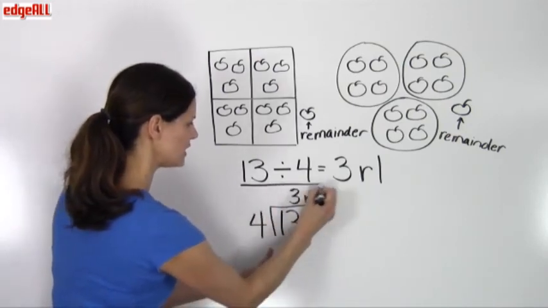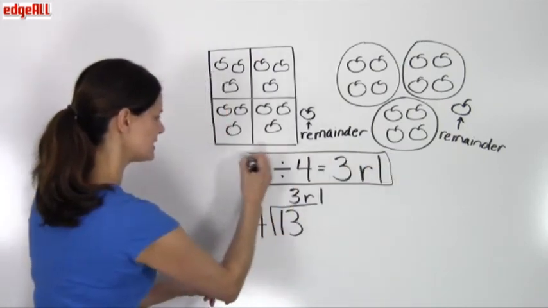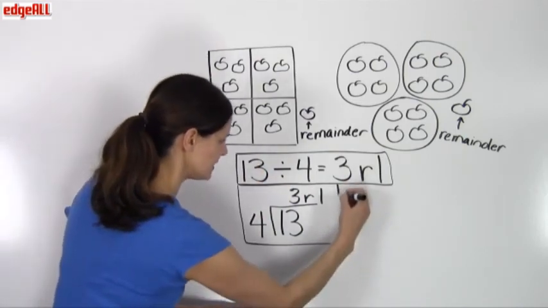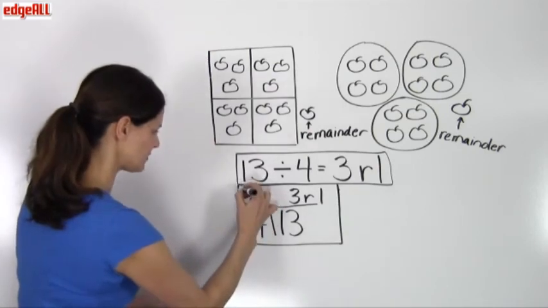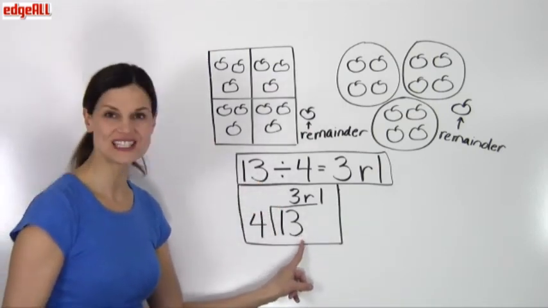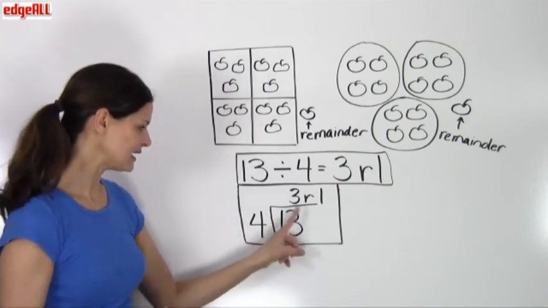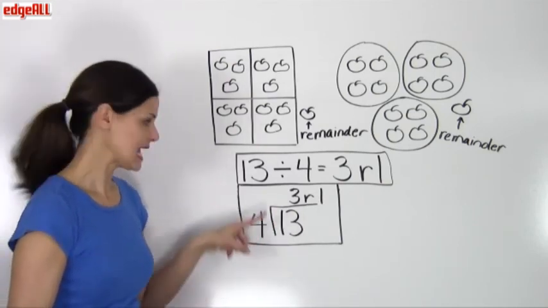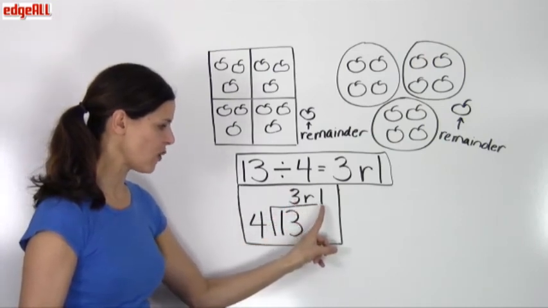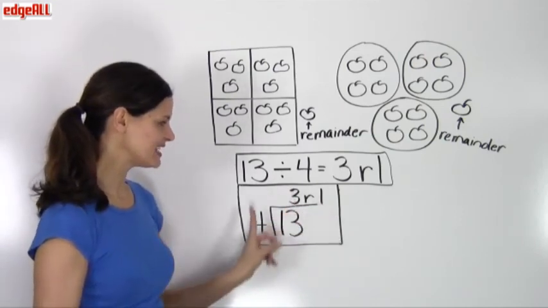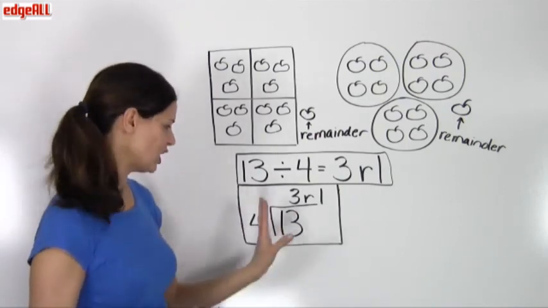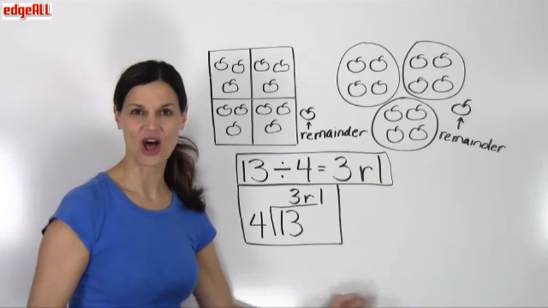And I would read this the same way as I read the one above it. So, putting boxes around here to help us see, I would read this 13 divided by 4 equals 3 remainder 1. And this method and these remainders become very useful when we start doing more of our long division.